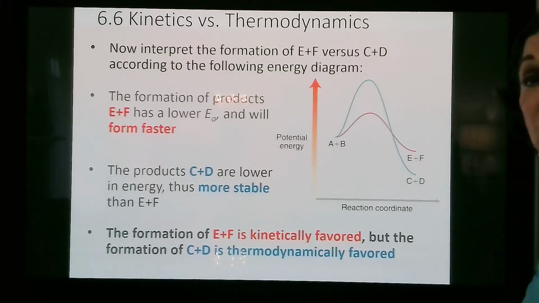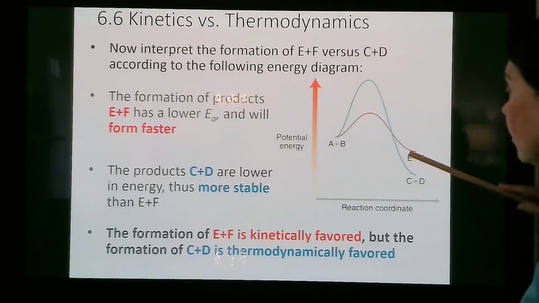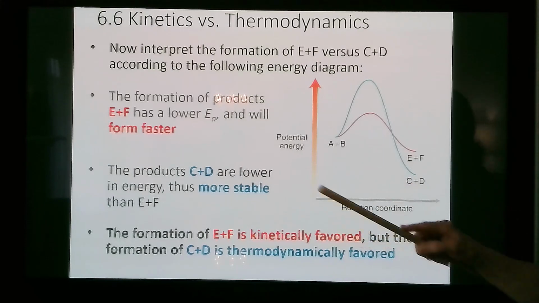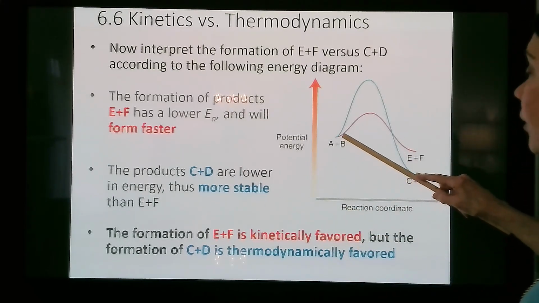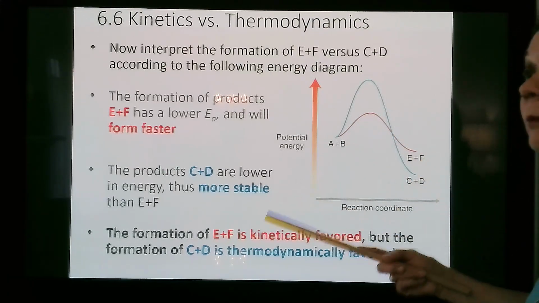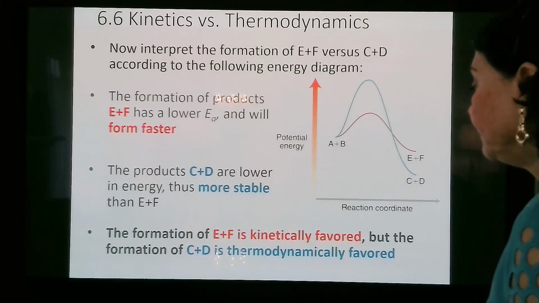And sometimes it's difficult to synthesize higher energy products. Usually it's easier to get the lower energy products. It's easier to make those. And so these reactions where the reaction is favored to give a higher energy product or set of products, sometimes they can be very useful.